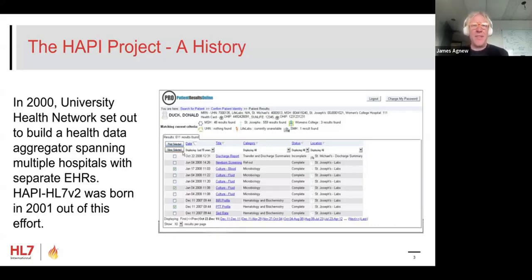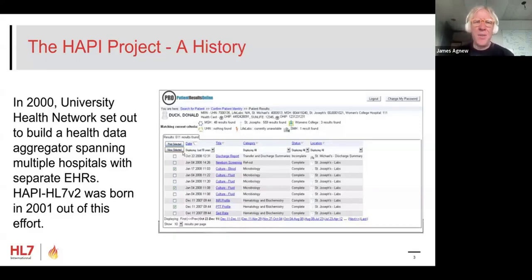Everyone at the hospitals in their immediate area used a different EHR. They all had EHRs in those days, fortunately, but really the concept of interoperability across organizations didn't exist. And they wanted to build a portal that would allow doctors practicing at one location to access a complete longitudinal health record for the patient in front of them, spanning all of the different institutions that patient might have visited within the Toronto area.